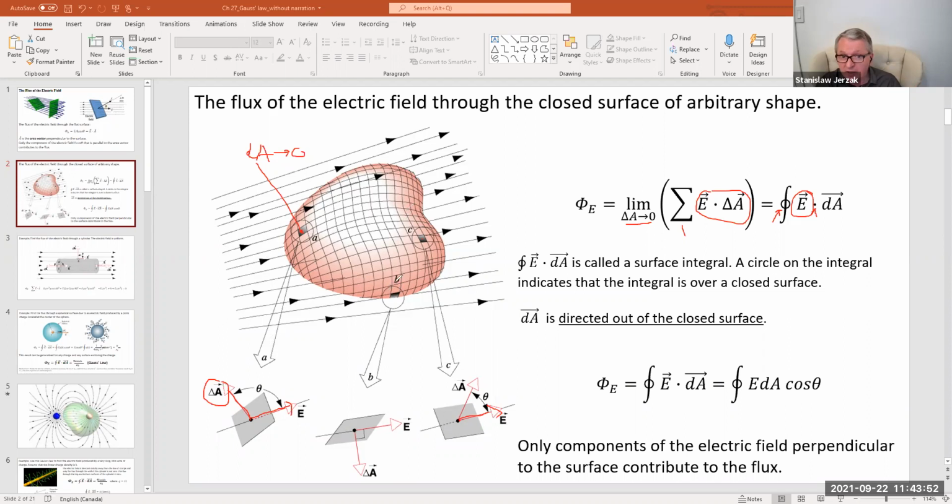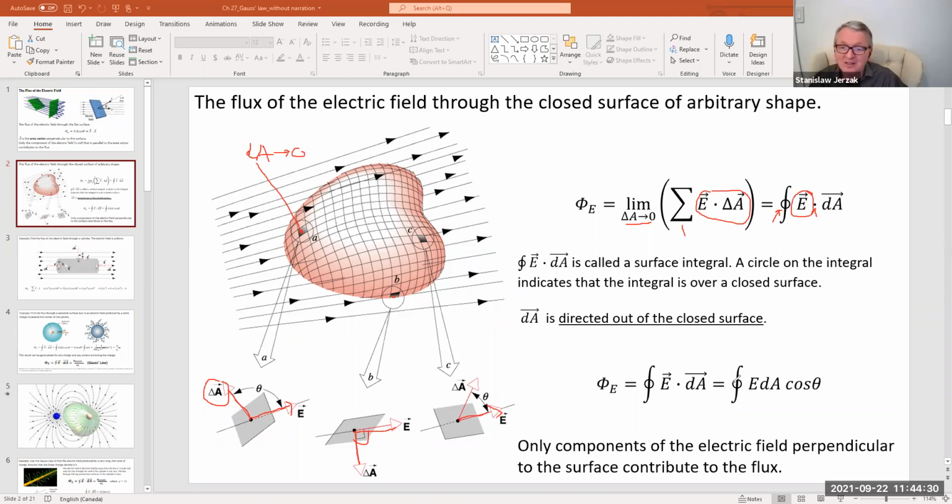And for this area B, you see, the electric field at this point on the surface is maybe in this direction, and the area vector would be more or less perpendicular to it. So the flux through this little area would be 0, because here the electric field just passes parallel to that surface. So as I'm saying, to calculate the flux of the electric field through a closed surface, we have to evaluate that vector integral over the closed surface.